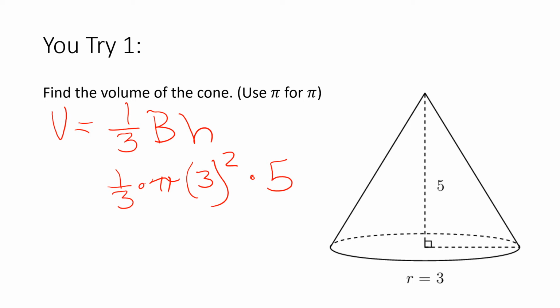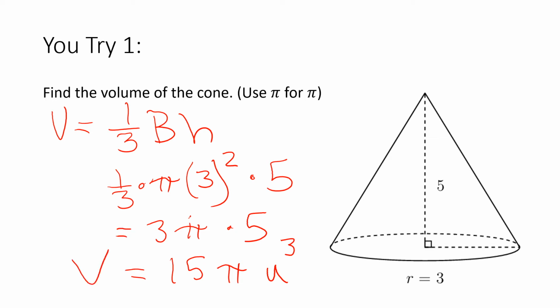So 3 squared is 9. 9 times 1/3 is 3. So I'm going to have 3 pi times 5. 3 times 5 is 15 pi. Remember, we're in units cubed for our volume.